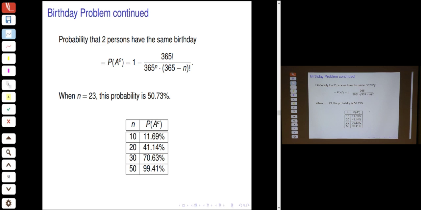If I have 50 people, then it's almost sure we'll have some people with the same birthday. It's a little bit surprising. You wouldn't think that, with only 30 people, the probability is so high, but by calculation it is. Anyway, that's the answer to the first problem.